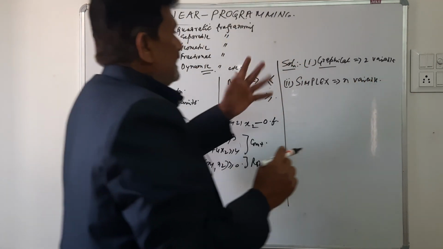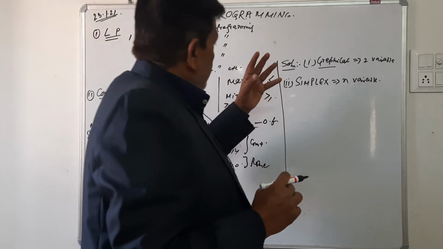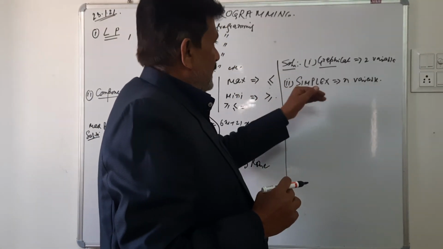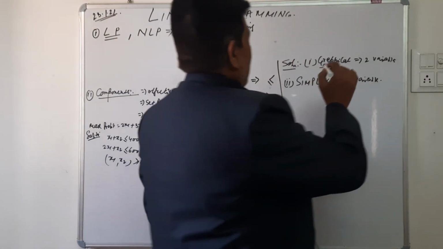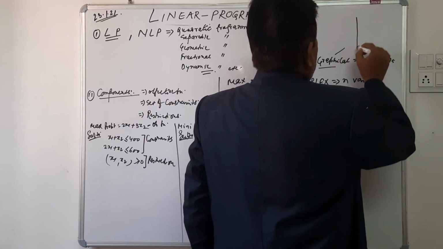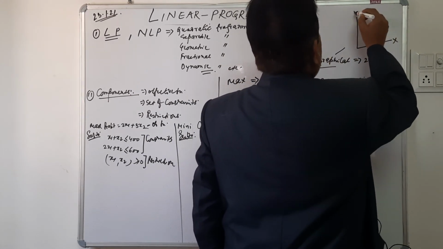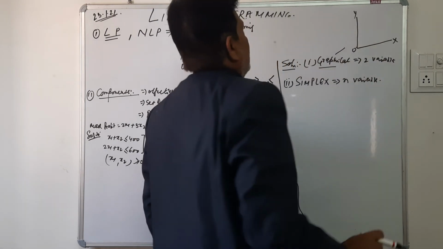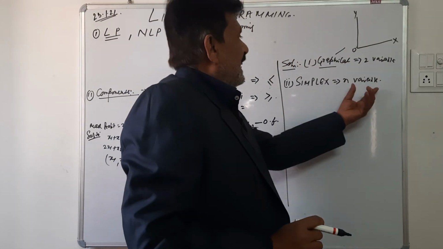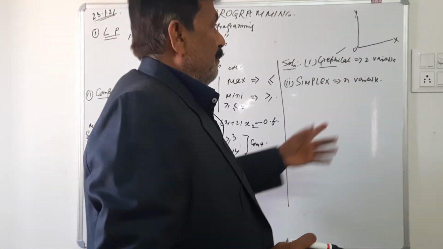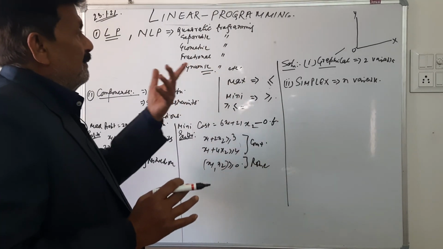We shall see both techniques. So for finding the solution of LP, we have two techniques, graphical and simplex. In graphical we are constrained to two variables only, whereas in the simplex case we can handle n variables at a time.